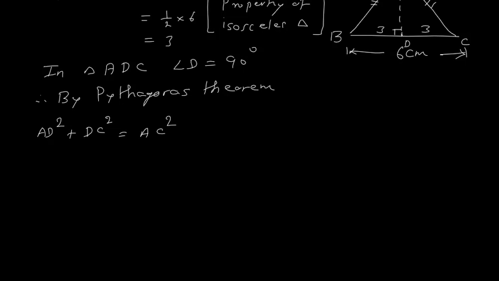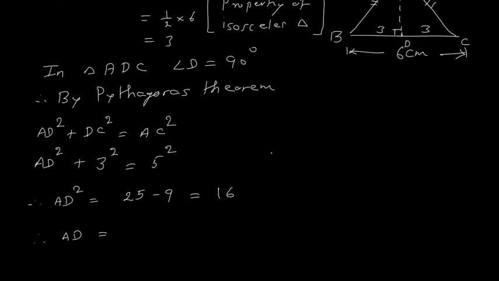Now the value of AD we don't know, so I will write AD square plus value of DC is 3, so this is 3 square is equals to value of AC is 5, so this is 5 square. Therefore AD square is equals to 5 5 is 25 minus 3 3 is 9. 25 minus 9 is 16. So I have the value of AD is equals to 4. So value of AD is 4.